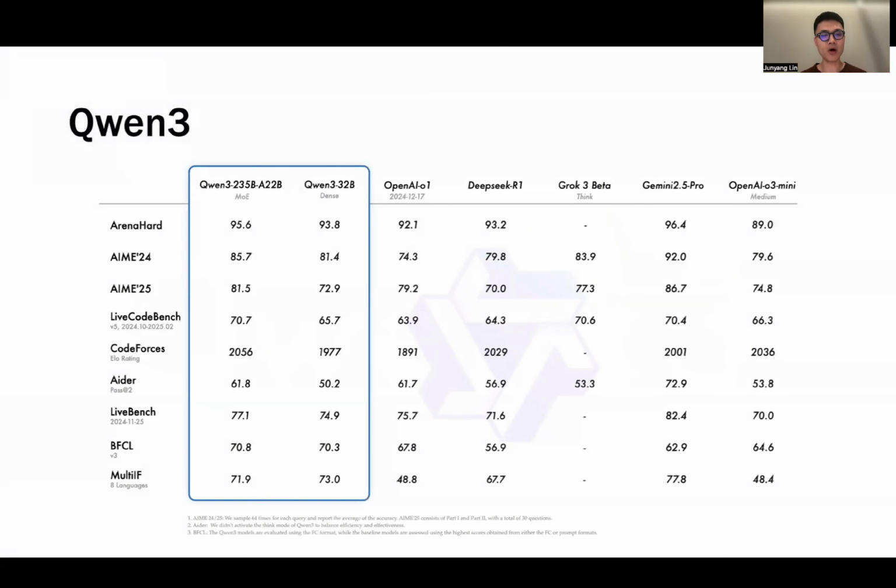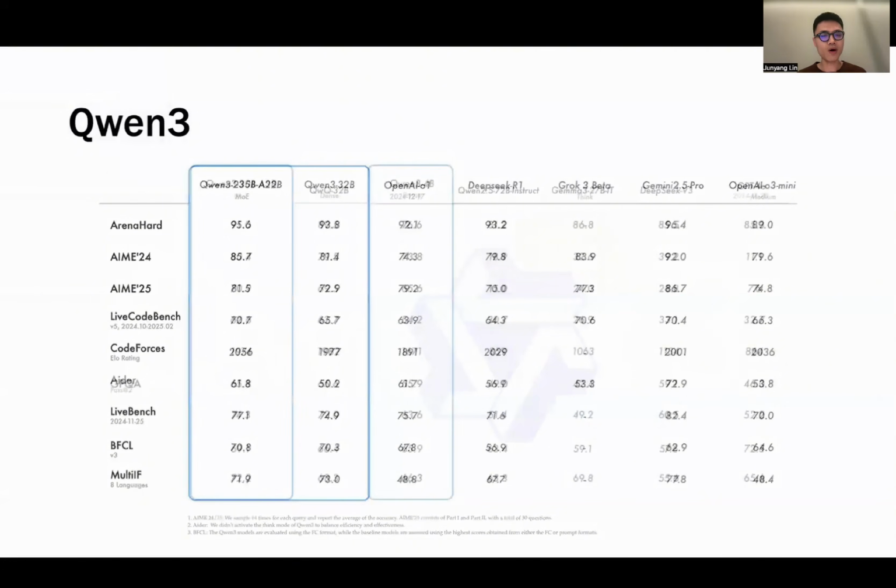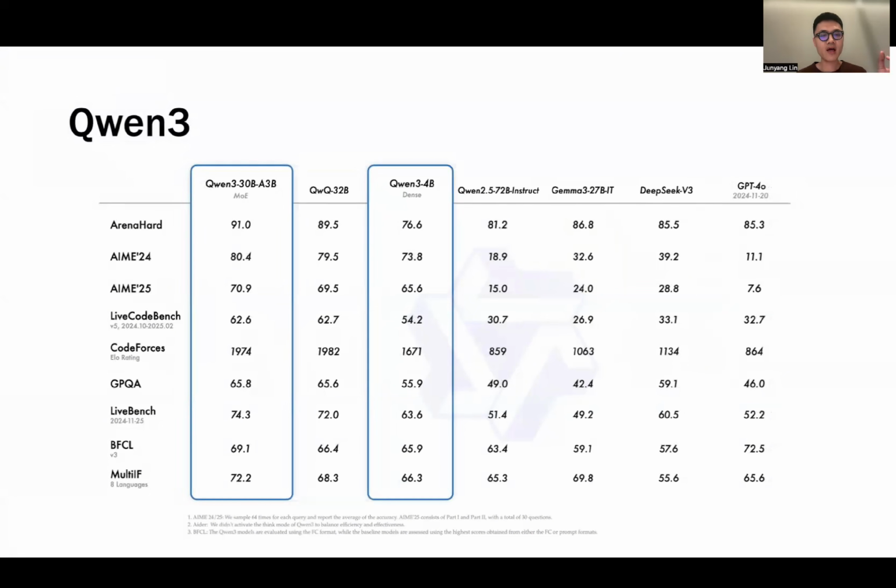It is an MoE model, so it is efficient, but very effective in comparison with top-tier models like o3-mini, and it's lagging just a little behind Gemini 2.5 Pro. Our largest dense model is also very competitive. And we have a very fast MoE model.